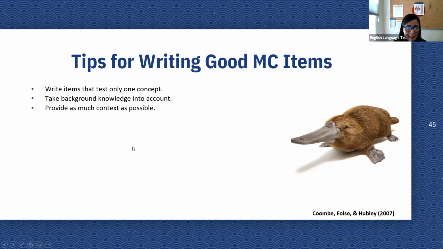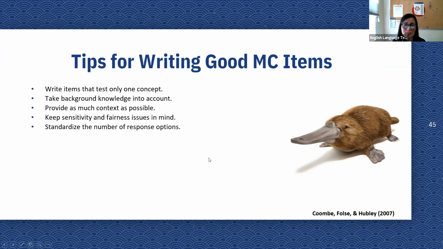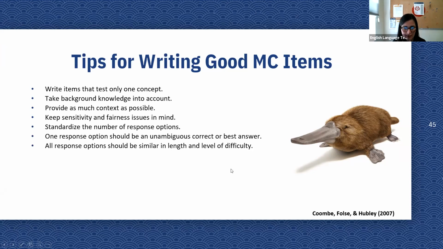Provide as much context as possible. Keep sensitivity and fairness issues in mind. Standardize the number of response options. So even if you choose 4 or 3, make sure that all of your items have 4 or 3. One response option should be an unambiguous correct or best answer. The options should be similar in length and level of difficulty.